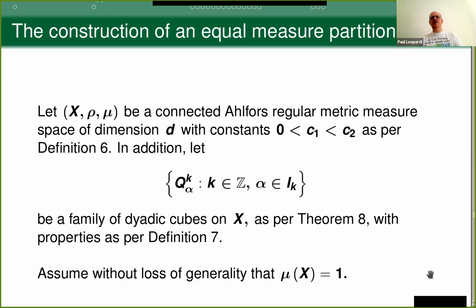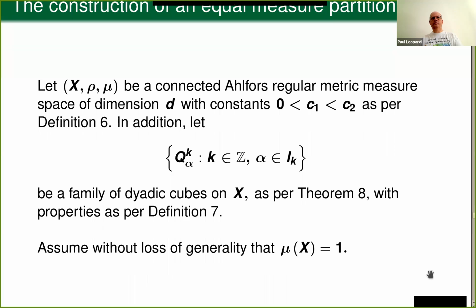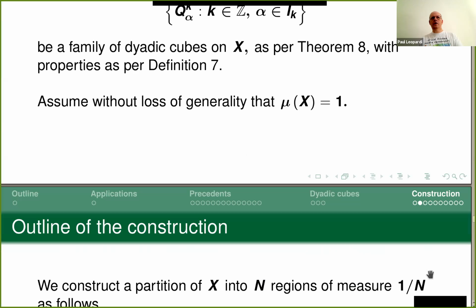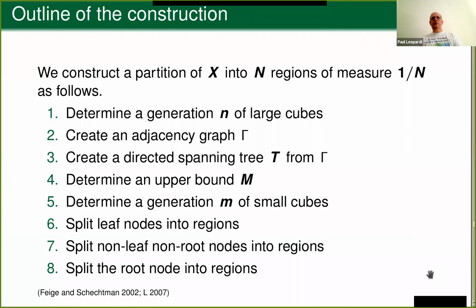It just makes calculation easier. Now the construction, if you followed what I was talking about when I went through the construction on the sphere, should seem reasonably familiar. It goes along similar lines.